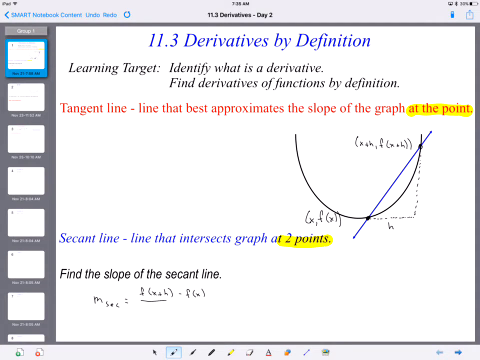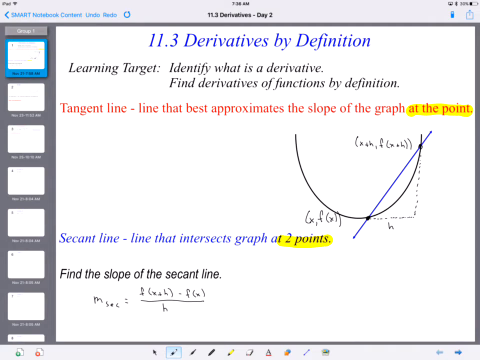So that's the change of y over the change of x. Well, your x values are x plus h and x, and we also know the distance between the two is h because that's what we identified it as. So divided by h. So there's your slope of your secant line. But we know that. We can find the slope given 2 points.